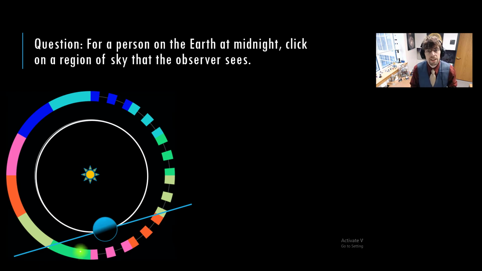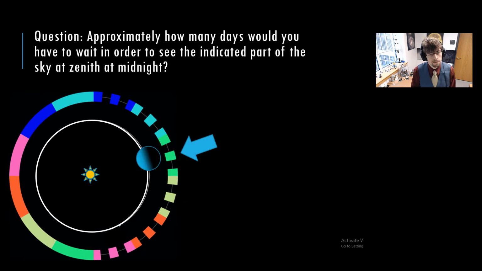Okay, so we're back to the question. We've got an idea about the portion of the sky that an observer will see at midnight. Okay, good. So now the next question, let me move the position of the Earth. Okay. So let's pretend that the Earth orbits, I don't know, a little ways away.